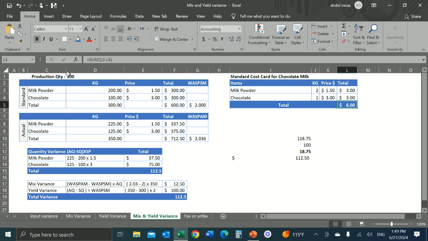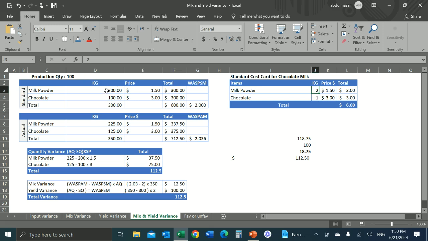Suppose you produce 100 units of chocolate milk. In that case, your standard is that when you make 100 units of chocolate milk, you will be using 200 kg of milk powder, correct? Every chocolate milk uses 2 kg of milk powder.